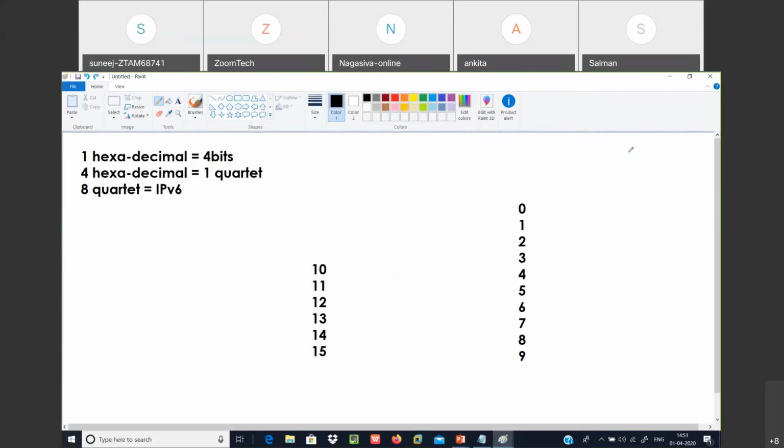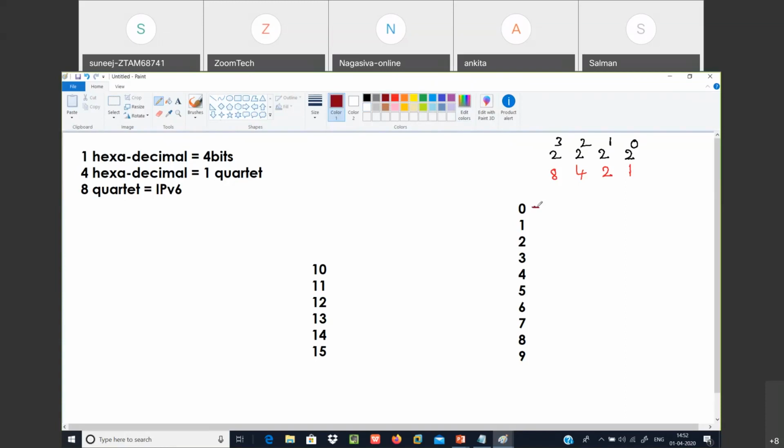Like how can you write it now? Just use the formula: 2 power 0, 2 power 1, 2 power 2, and 2 power 3. So 2 power 0 value is what? Any power 0 is 1, 2 power 1 is 2, 2 power 2 is 4, and 2 power 3 is 8. Now we got the values here: 8, 4, 2, 1.